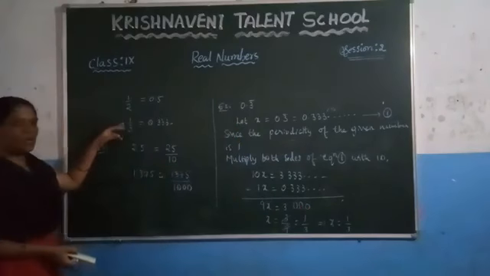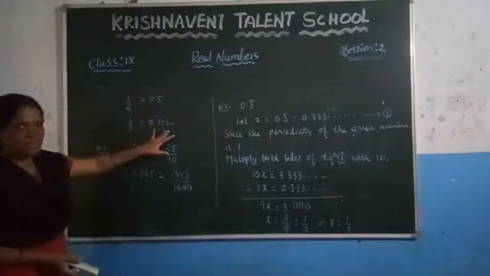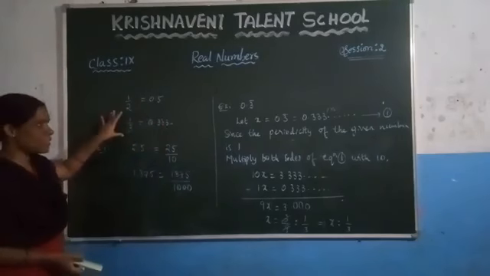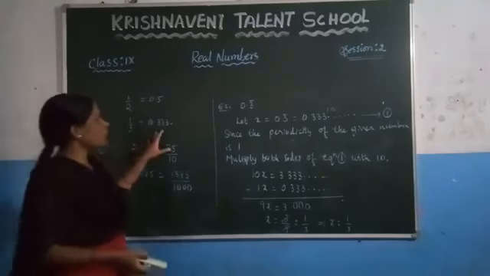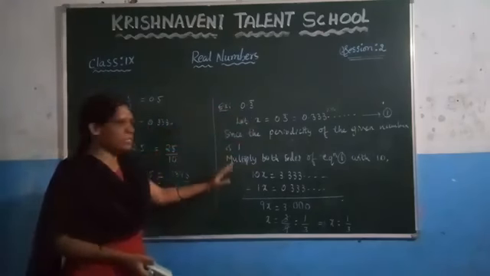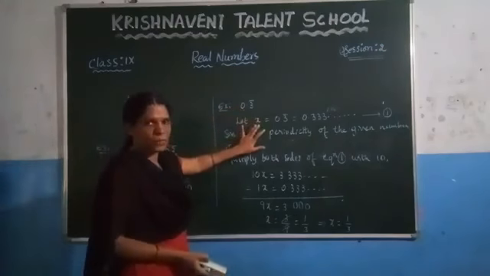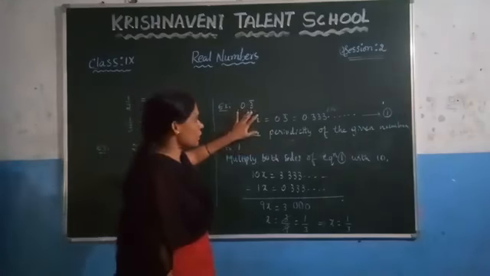Already you learned how to solve that one. What is the value of 1 by 3? 0.333. This is by using division, and if you are given the number in the form of a decimal, you have to follow this process. What is that process? Take the given number as x, some variable, and after that check the periodicity.